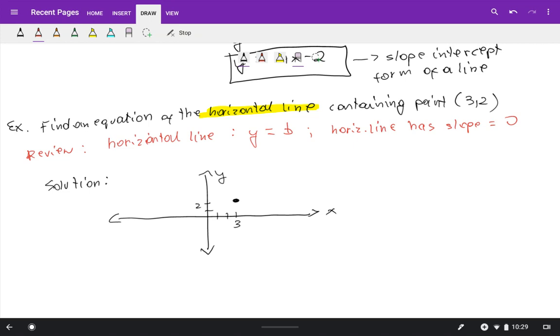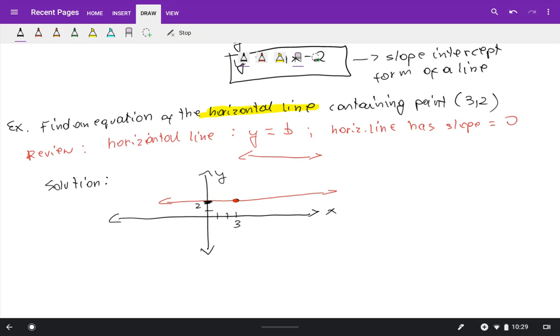Okay, also what we know about a horizontal line, that's the line which goes from left to right. So when you have that point, you just need to create a horizontal line which intercepts that point. It should be right here on 2. The 2 is here.